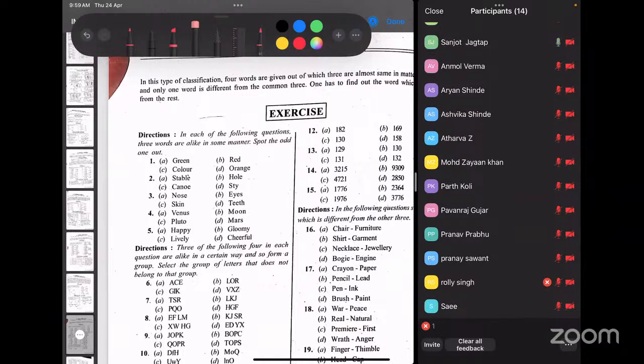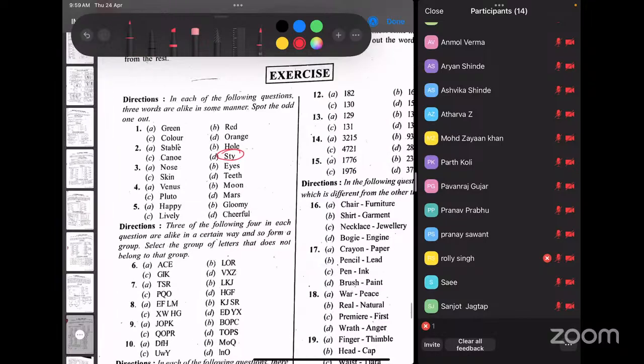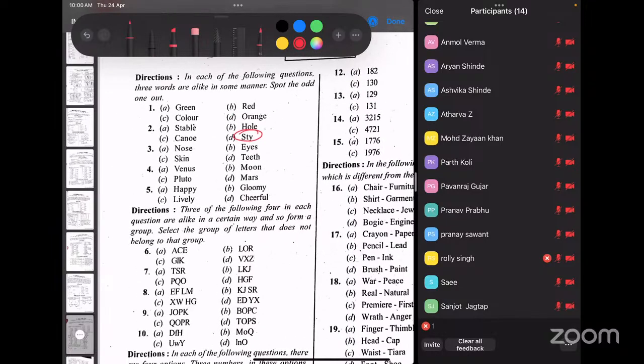Stable, whole, canoe, stay. What kind of word is this? I think option D. Sir, this is part of the eye. Okay.